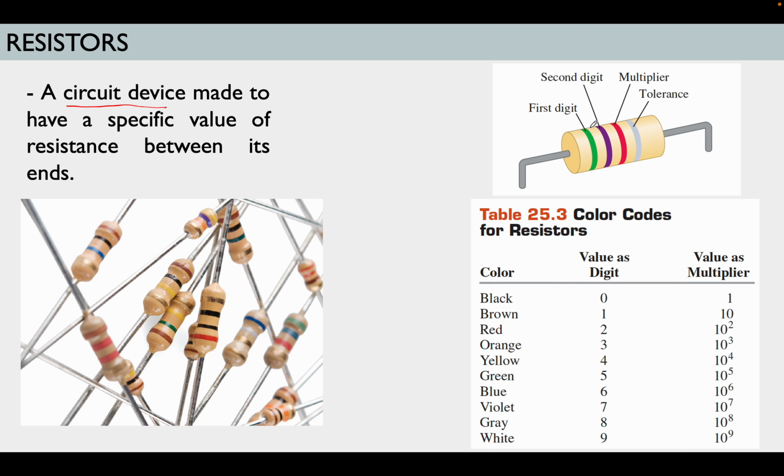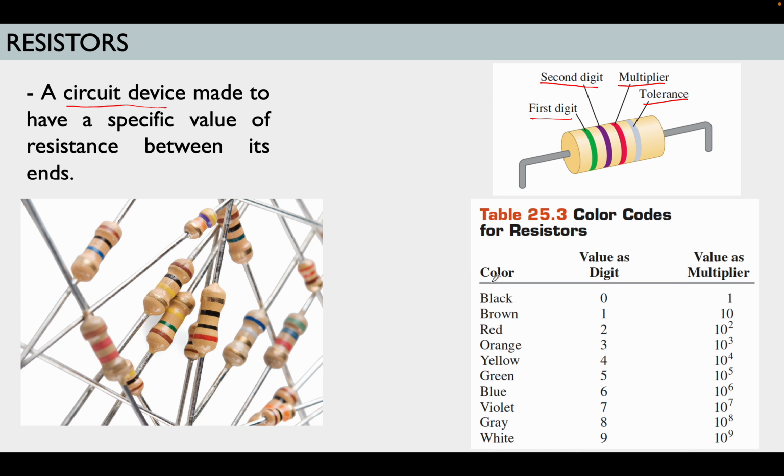The first band determines the first digit of the value of your resistor. The second band determines the second digit. The third band determines the multiplier. Now, what is a multiplier? Multiplier is times 10 to the power of 1, or times 10 to the power of 2, depending on the color. And then the fourth one is what we call the tolerance.